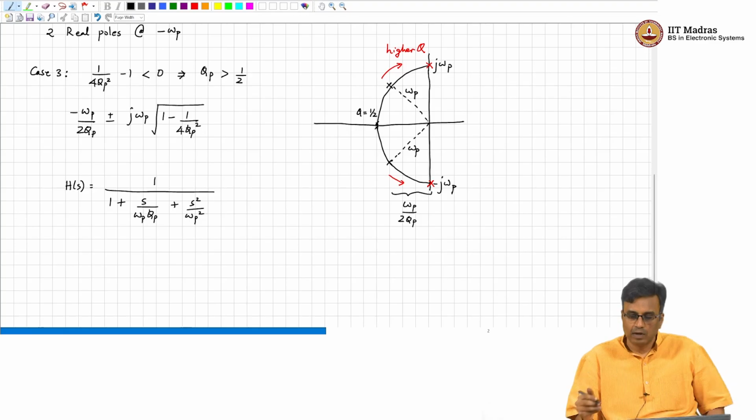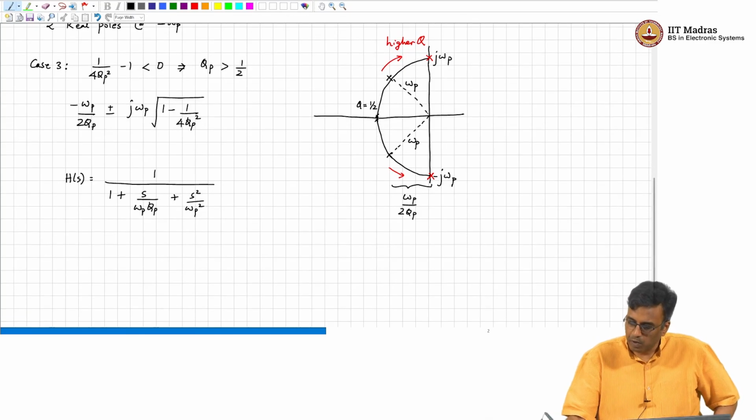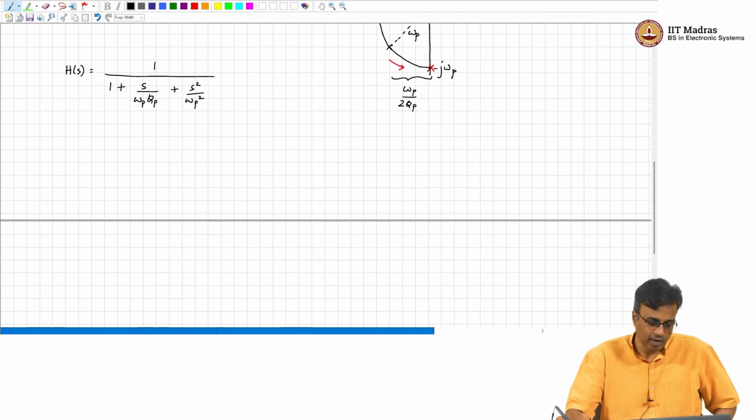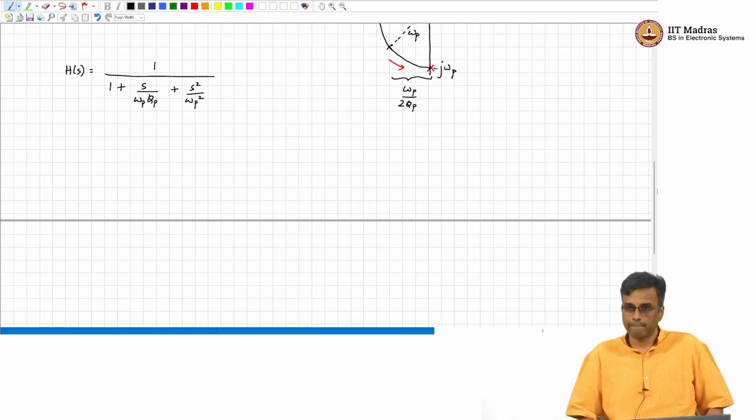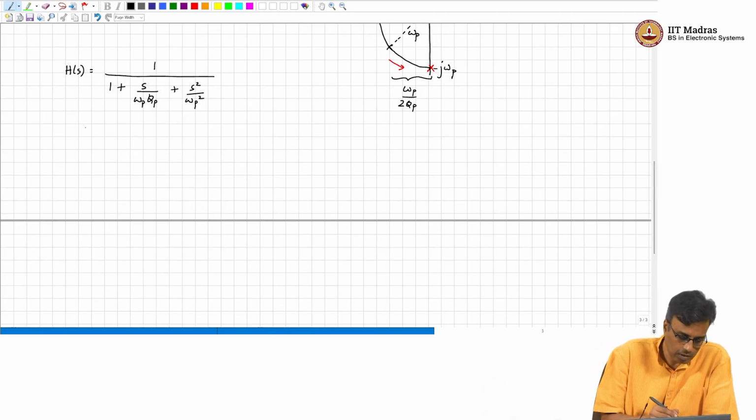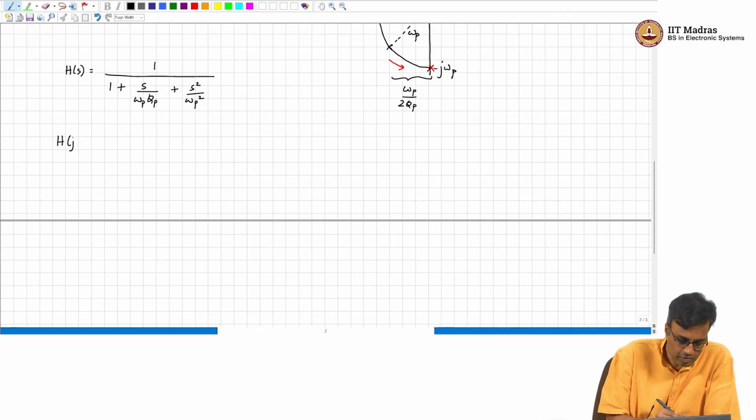Is that clear? Now, let us look at the magnitude responses of these filters for various values of QP. So, what is the magnitude of H of j omega?